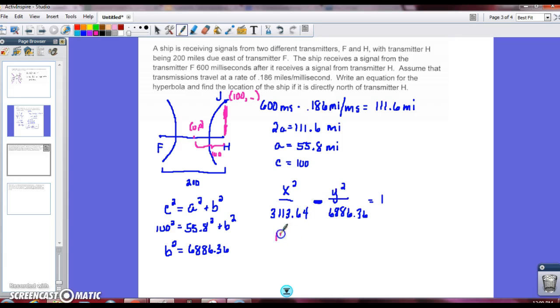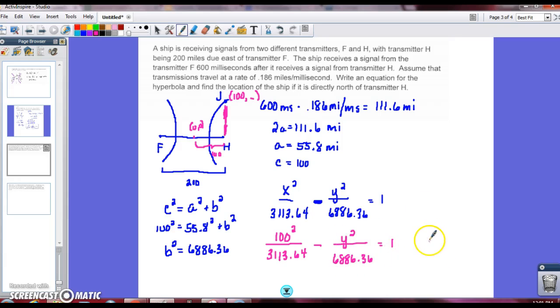Okay, so if I plug 100 in for x, I have 100 squared over 3113.64 minus y squared over 6886.36 is equal to 1. I'm not going to go through the algebra of that because I think you guys can figure that out on your own, right? You just would subtract this fraction from 1 and multiply by the denominator and then take the square root.